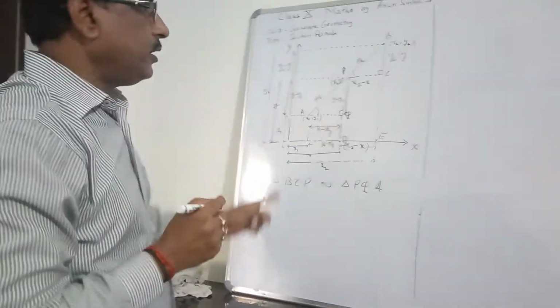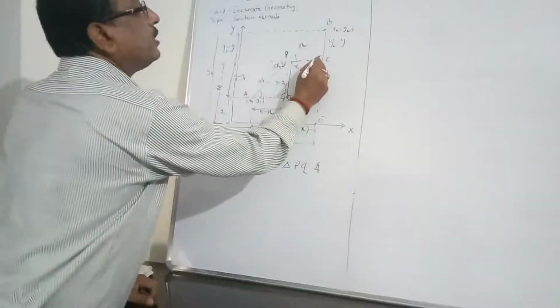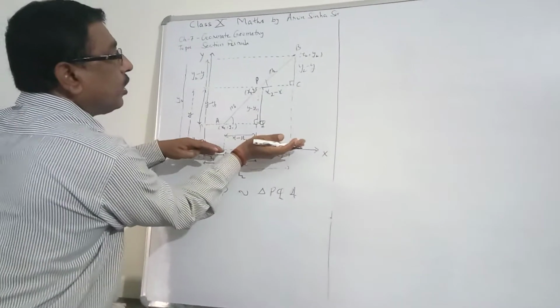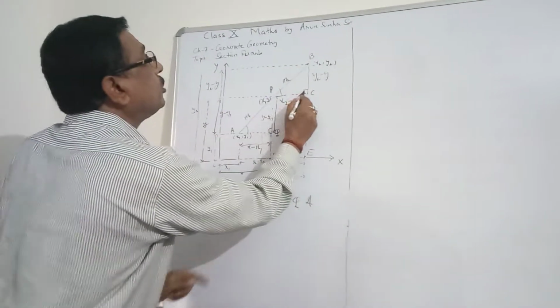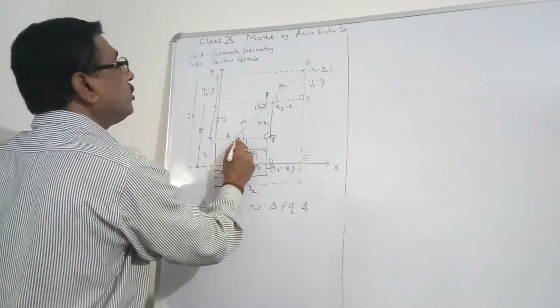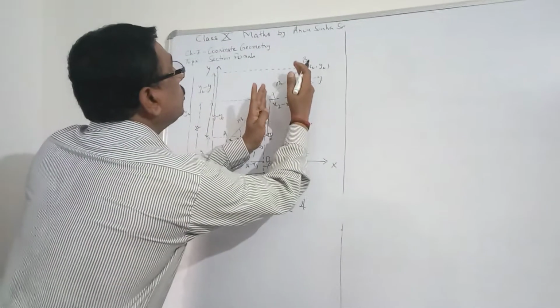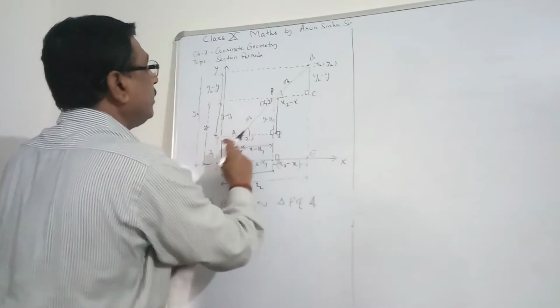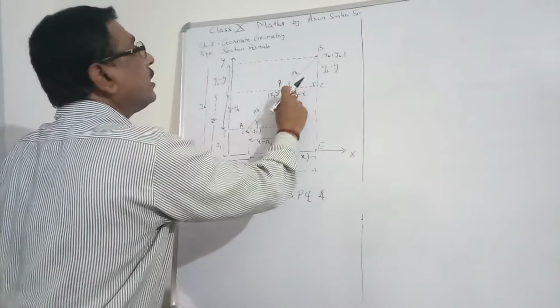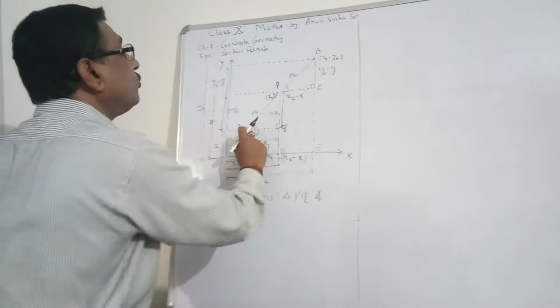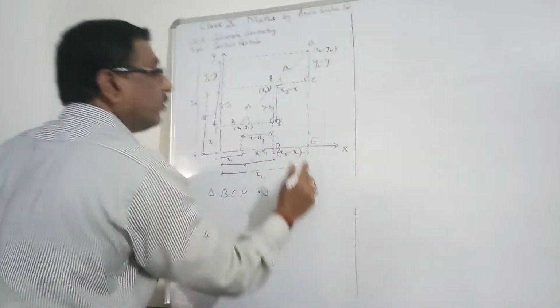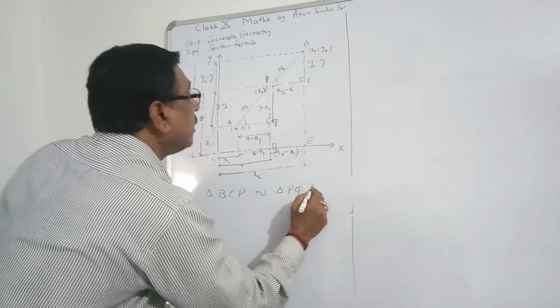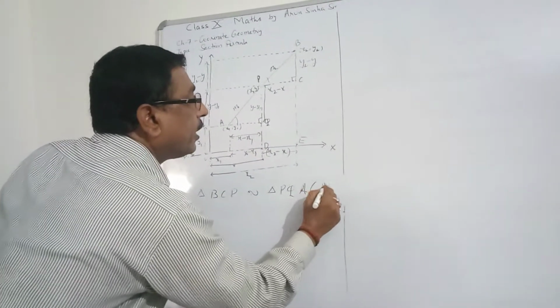You have studied this thing in class 10. This angle is 90 degrees. These two are horizontal lines and these two are vertical lines. So these two angles are 90 degrees and these two angles are corresponding angles. These three lines are parallel lines and this is the transversal, so these two angles are equal. So these two triangles are similar by AA criteria.